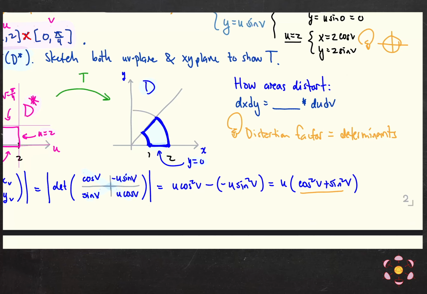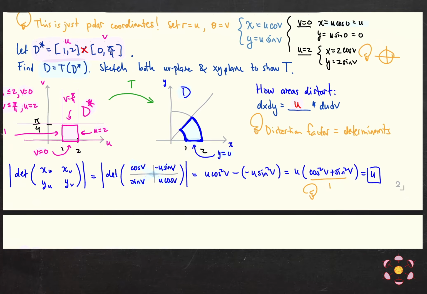And what do we know? Time to make Pythagoras happy. This simplifies to 1. So I've got that the distortion factor is going to be u, which is kind of weird. And you do have to trust me on this determinant thing for now.